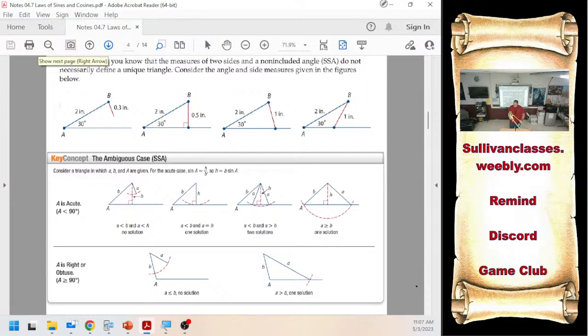Yeah. So this can hinge back and forth, making two different triangles. Even worse, what if the angle was locked in that place? It doesn't make a triangle at all. Like it can't reach. This is the side right here.